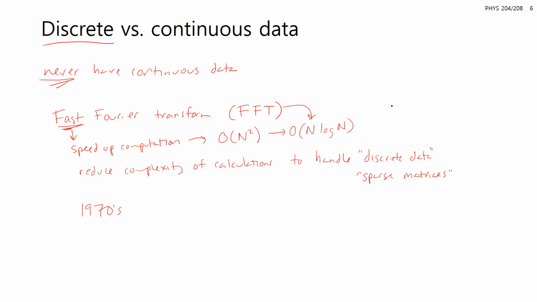So let's say you have a data vector that has 1 million data points, 10 to the 6 data points. If you just try to handle a Fourier transform directly, that would scale as n squared, so 10 to the 12, but the fast Fourier transform methods scale to 4.2 times 10 to the 7th if you do that calculation.